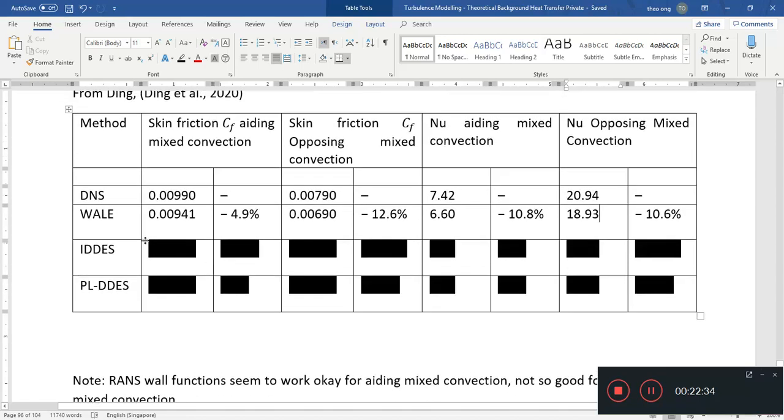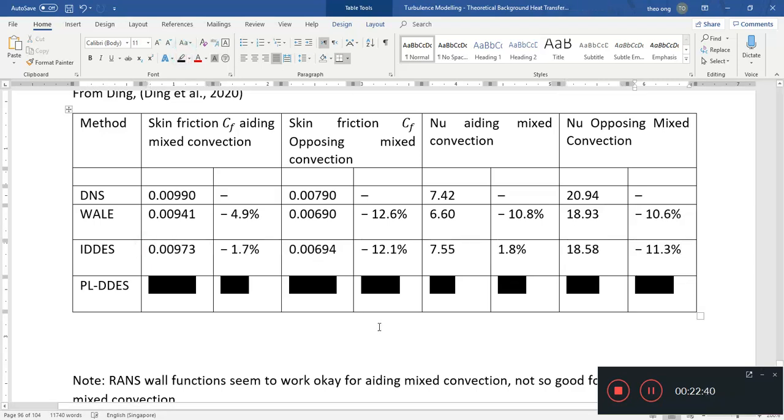So if you want to compare, let's say, to IDDES, which is known to use a Reynolds-averaged Navier-Stokes formulation near the wall, you'll see that for aiding mixed convection the Reynolds-averaged Navier-Stokes kind of takes over, and you'll see very good prediction for the skin friction.